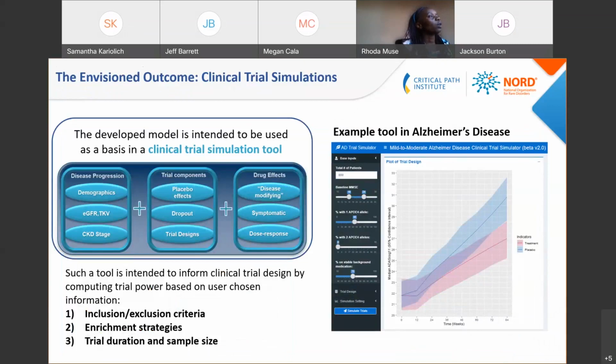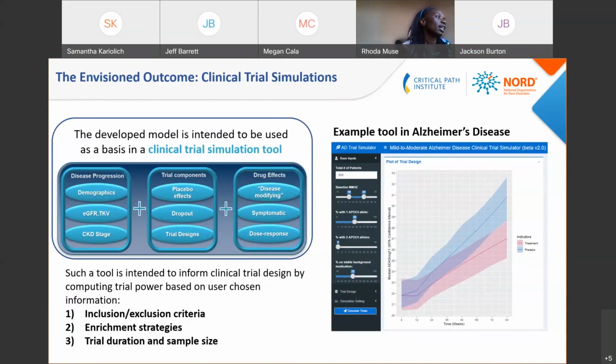So far, we have developed a model for disease progression, and our final objective is to build this into a clinical trial simulation tool. And this would incorporate the disease progression model that has been developed so far, which has things like the demographics and other values like EGFR and TKV.